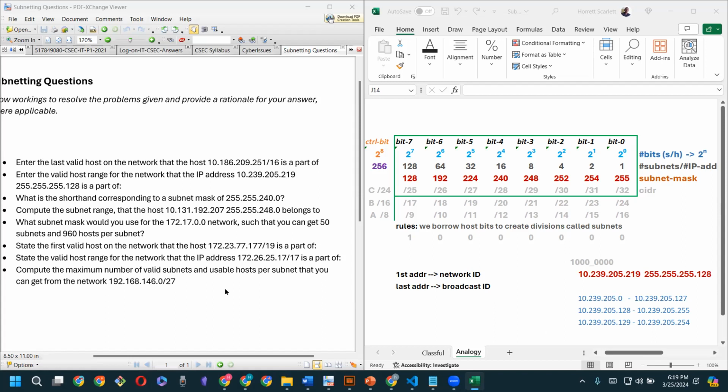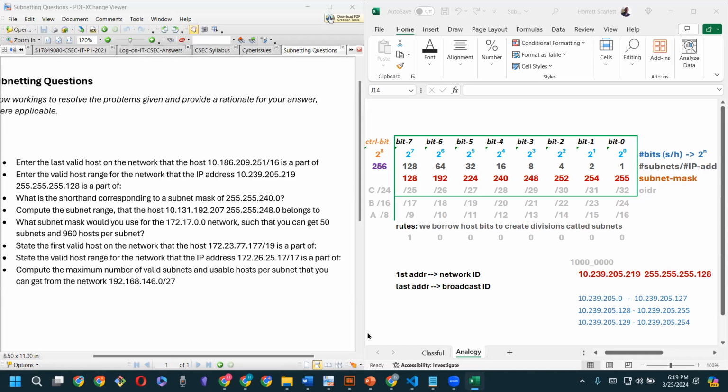Sir, wouldn't it be the same 256 since we're in the third octet? No, it's not the same 256. How many octets are we working with? 2 octets. So what's the total number of patterns if we're working with 2 octets? One would be 256, so 256 times 2?